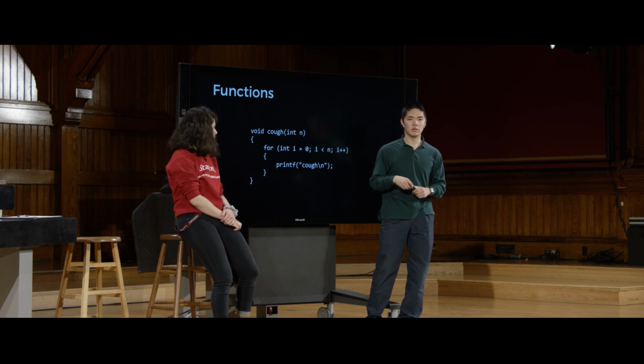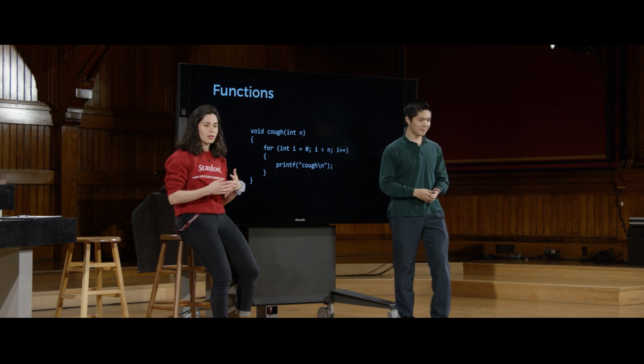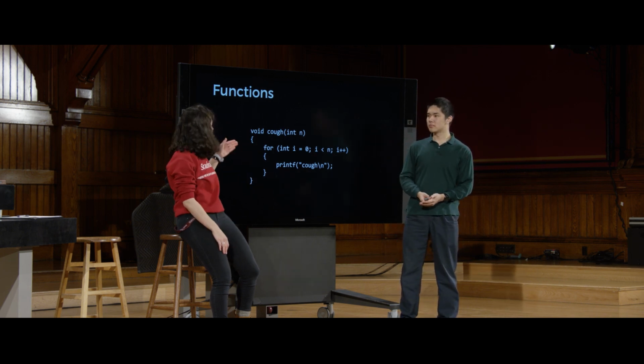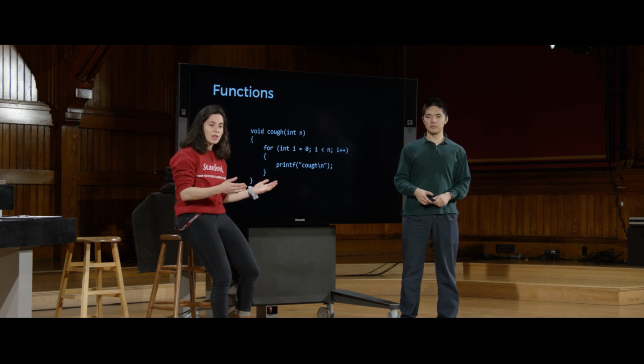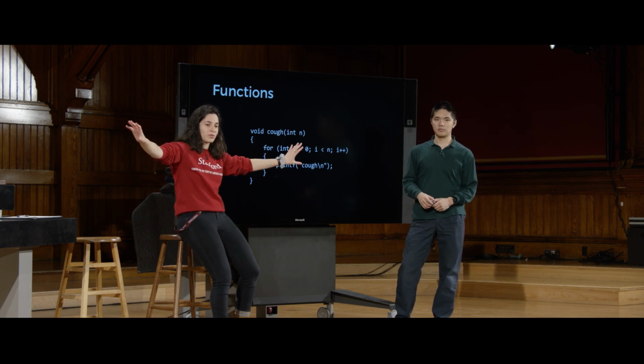Yeah. So in this case, when we're talking about int main void, we're actually declaring a new function called main. In this case, we're declaring a new function called cough. Maybe we use cough in main, but main itself is a different function from cough. These are two completely different functions.